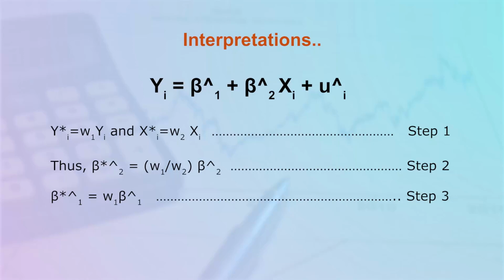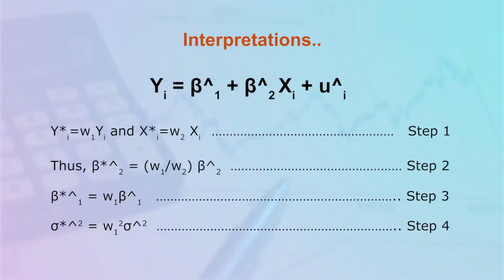If we want to comment on the sample variance, because that is the estimated variance, the population variance being unknown, we estimate it from the sample. So we get sigma hat star square, which equals w1 square sigma hat square.